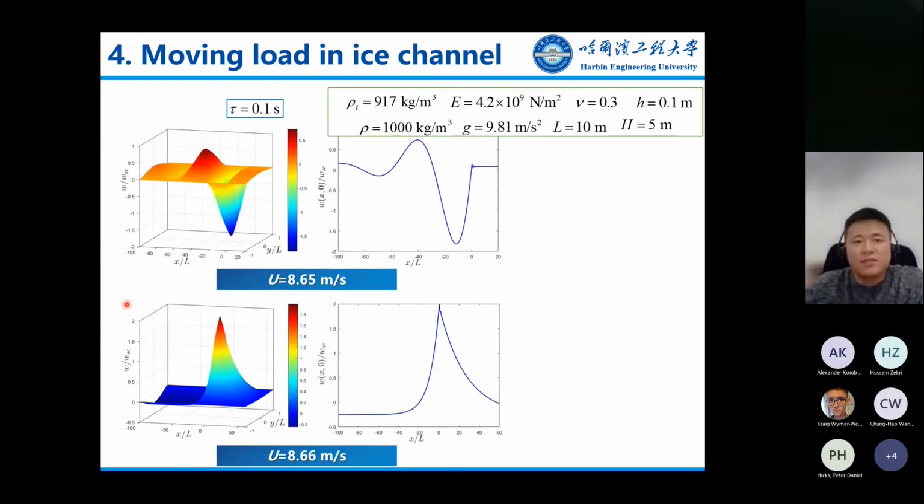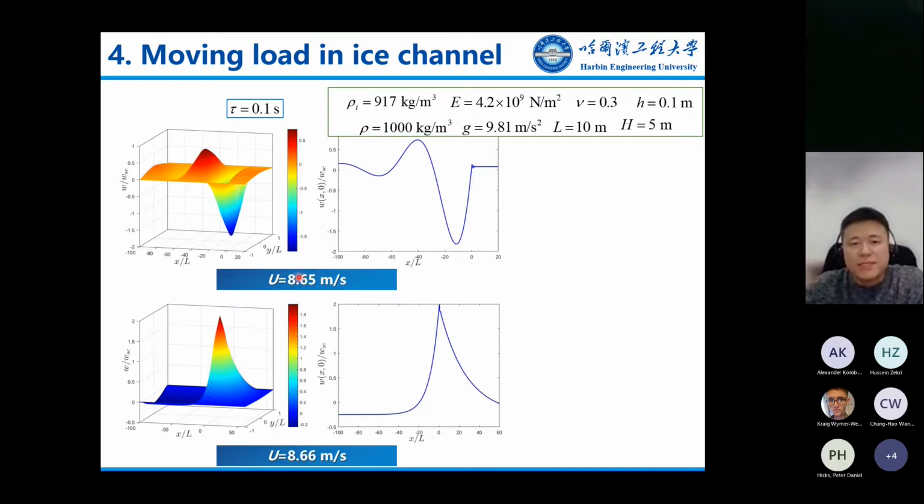From the above analysis, we know that the maximum ice deflection occurs at 8.66 meters per second, which is equal to the critical speed for long waves, and the minimum ice deflection occurs at 8.65 meters per second. Here we present the three-dimensional waveform for these two load speeds.